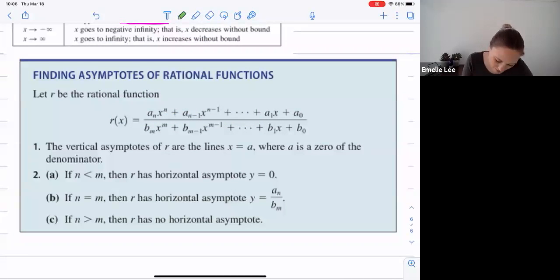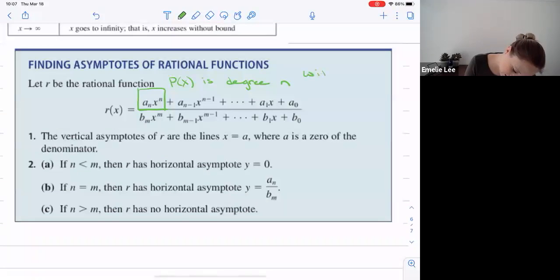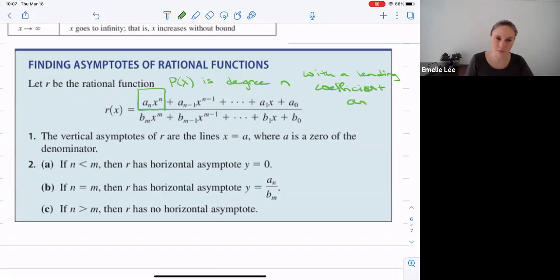So here, I'm going to say p of x is degree n with a leading coefficient a subscript n, right?